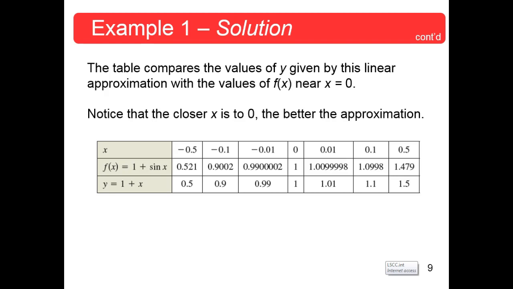This will be minus 0.05. This will be 1 minus 0.05, which is 0.95. This came out to be 0.521, so off by 0.021. Here it would be off by very close, 0.002, and this is 0.000000002.